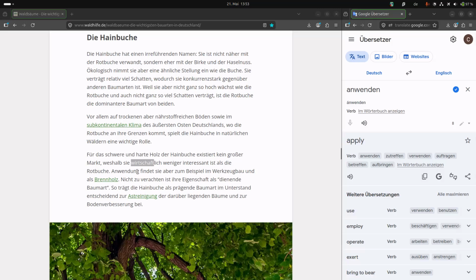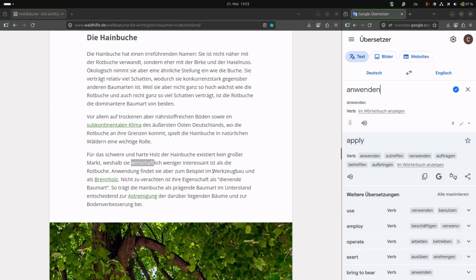So Anwendung, application rather, findet, finds, sie, she or it, aber, but, though, zum Beispiel, zum, to the, zu dem, Beispiel, example. So in English it's for example, in German it's to the example, basically.